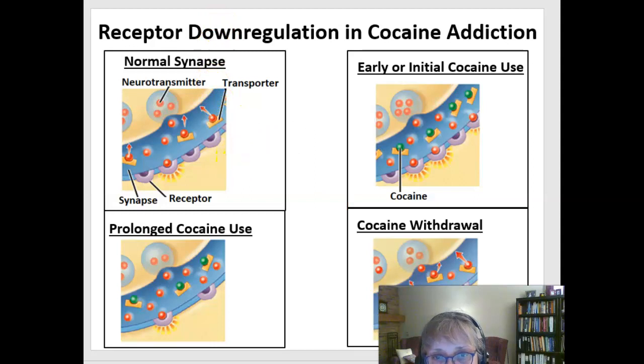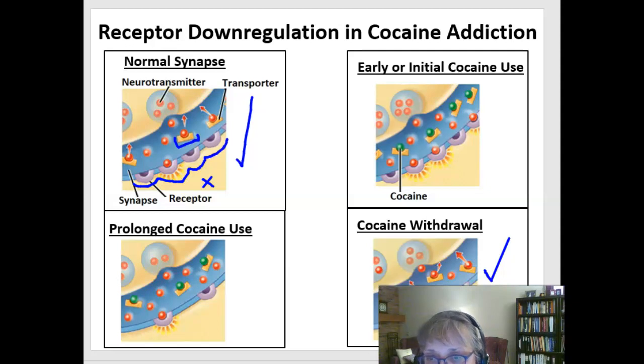So if I take off all these silly markings, a normal synapse compared with cocaine withdrawal: here you've got about a 25% chance that this postsynaptic cell will be excited, because of the transporter, 4 receptors, and a certain amount of neurotransmitter.